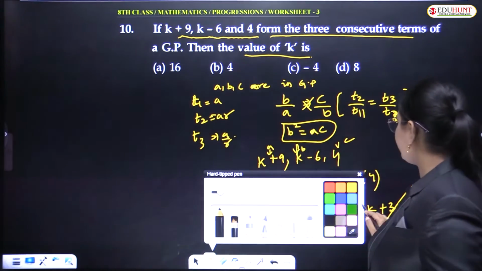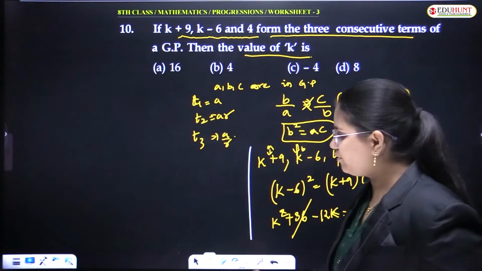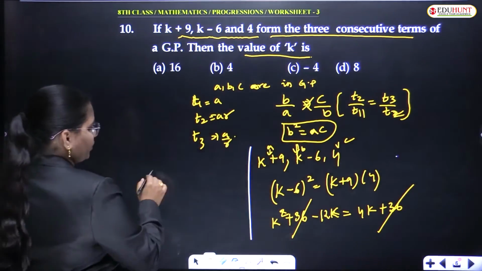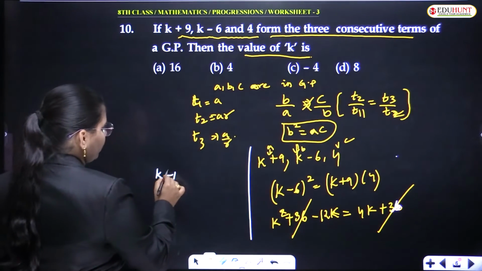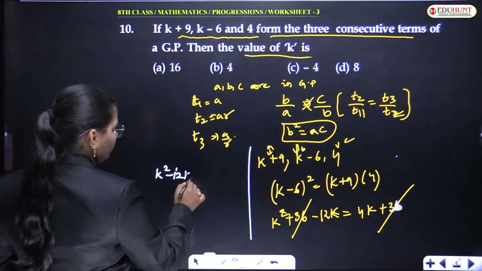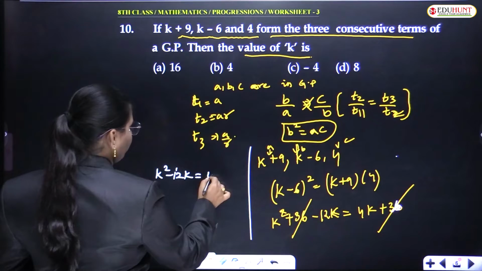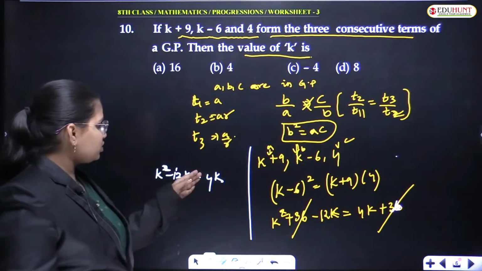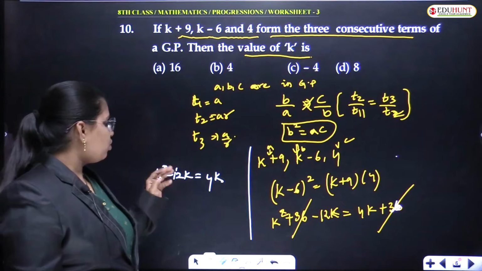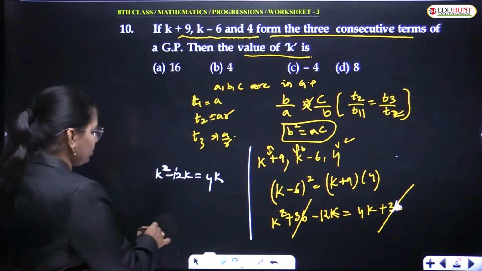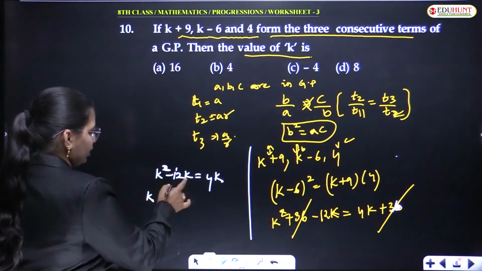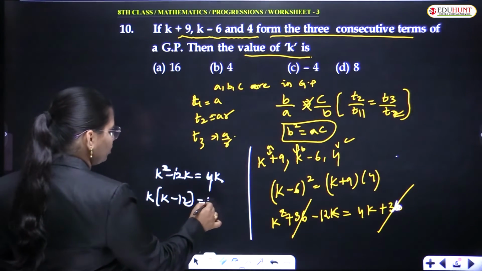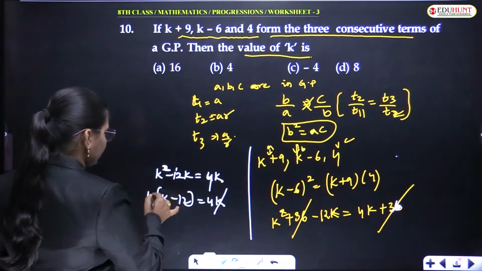So you will be left with k square minus 12k is equal to 4k. If you transpose 4k to that side, I need to find the value of k. Take k common: k minus 12 is equal to 4k. Cancel k and k.